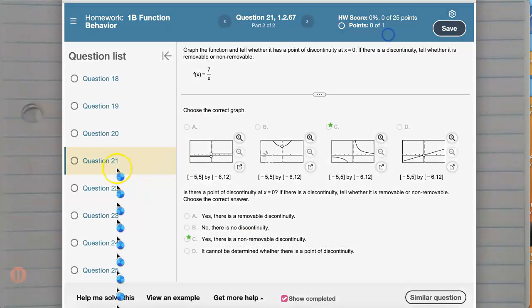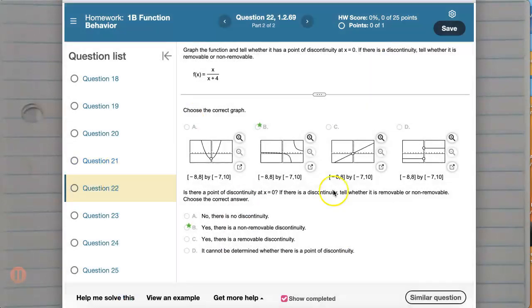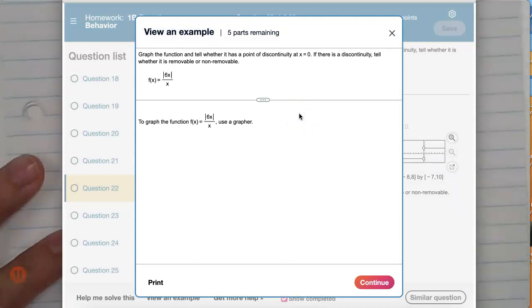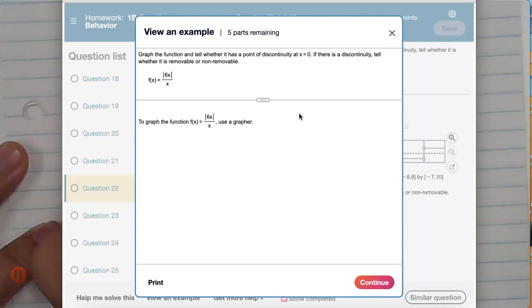All right, number 22. Same thing. Graph the function, tell whether there's a point of discontinuity, etc. So 22, we have f of x equals the absolute value of 6x over x.